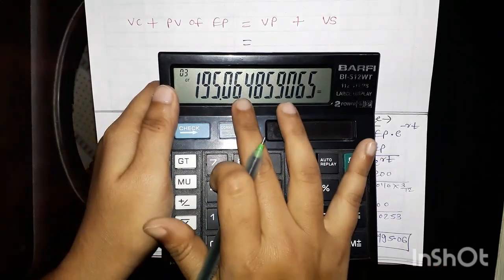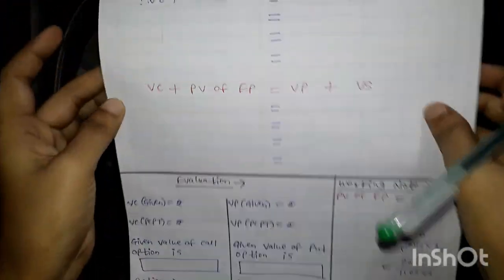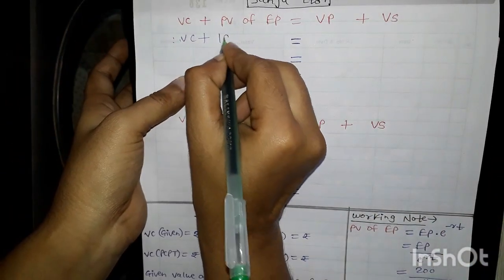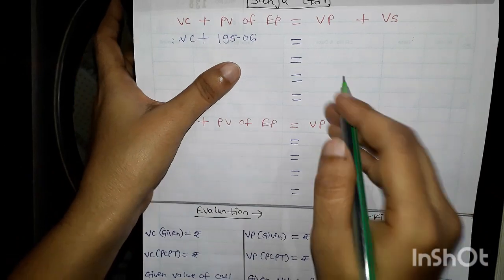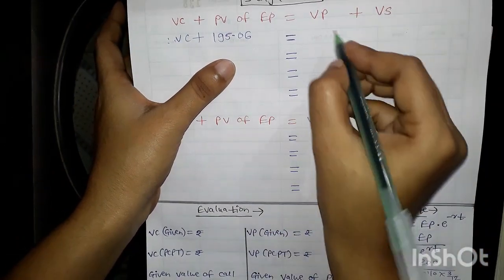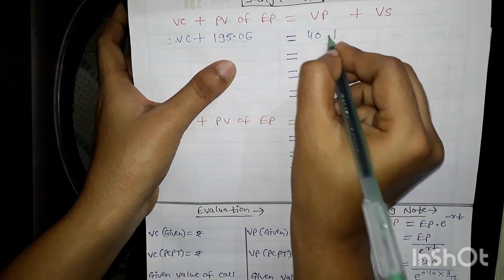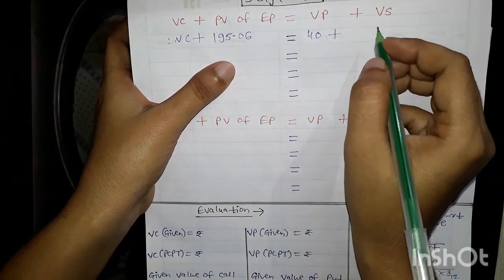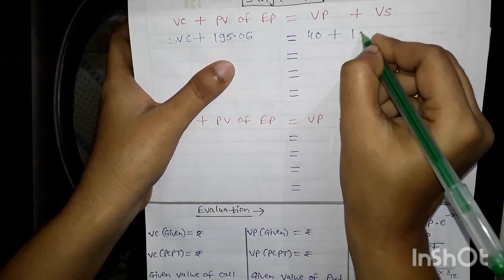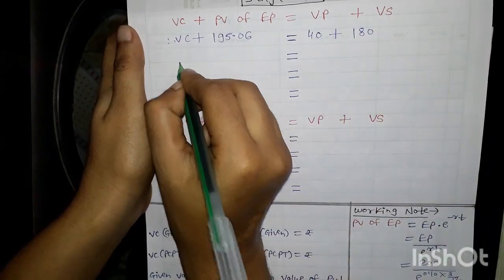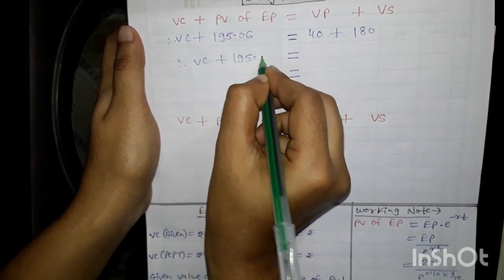Due to this 4, nothing will change, just take 195.06. The value of a put option, which is given in the first line of Sanju Limited, is 40, plus the value of a stock, given in the first line only, 180, equals the value of a call plus 195.06.